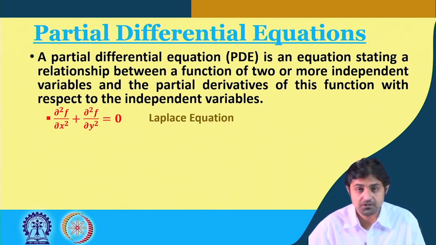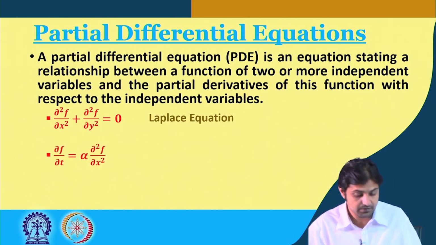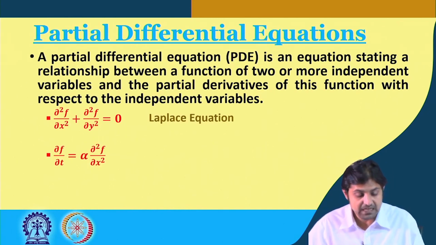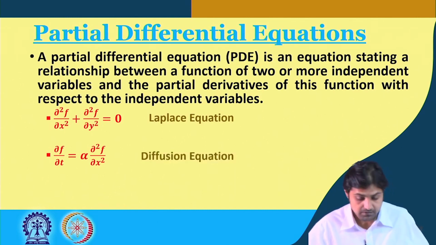From your previous experience you should know this. Another equation is del f by del t is equal to alpha del square f by del x square. So this is a diffusion equation.